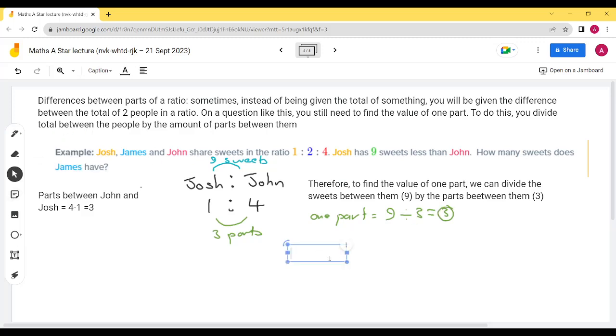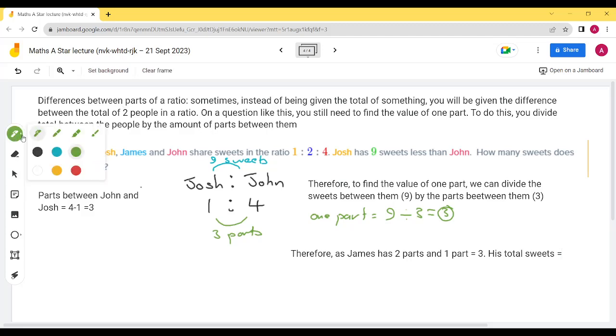And so therefore, as James has 2 parts, and 1 part equals 3, his total sweets equals, I'm just going to write it out below, 2 times 3, and so equals 6 sweets.